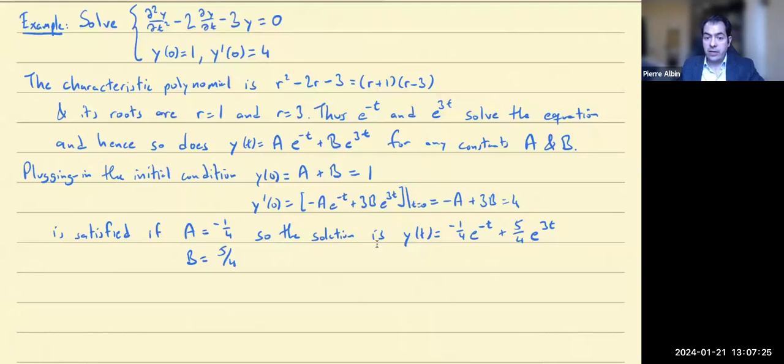Now, in this case, we know we have found the unique solution because on the one hand, this satisfies the equation, and we were able to satisfy the initial values. And we know from the existence and uniqueness that there's only one possible solution that does that.